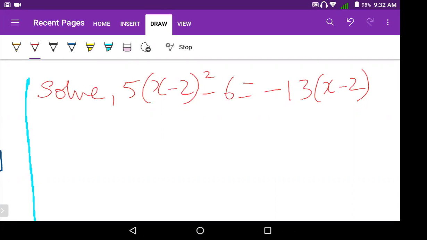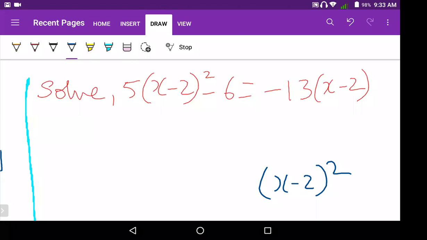Okay, let us solve this. So you have 5 into x minus 2 square, and then you have minus 6 is equal to minus 13 into x minus 2. Now if you see this, x minus 2, it says whole square.